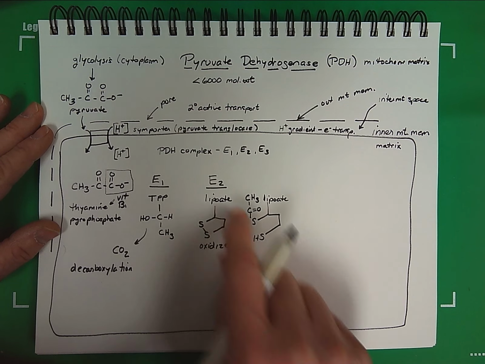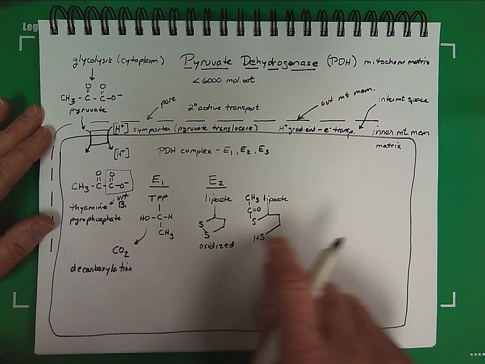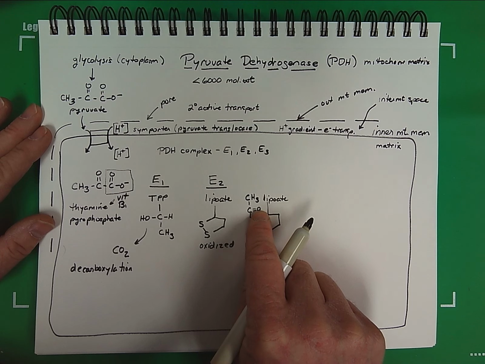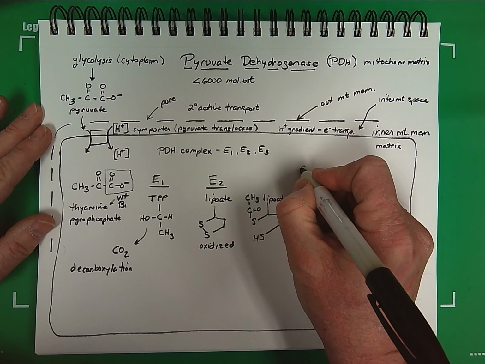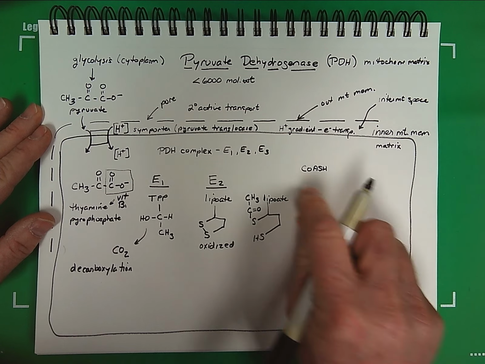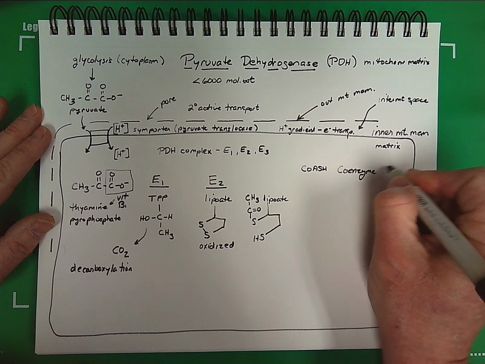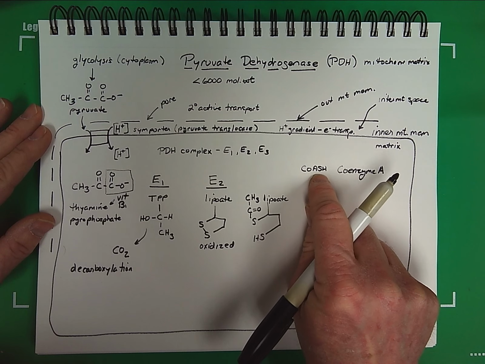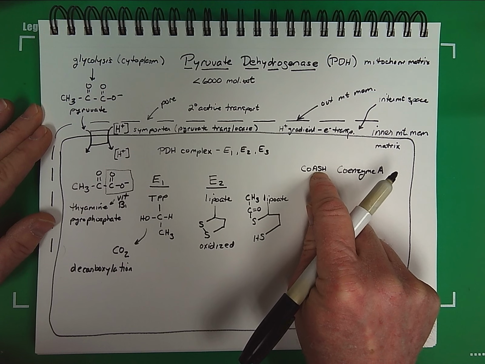Now the next step of this reaction that also occurs in the E2 subunit is displacement of this acetyl group with another cofactor. This particular cofactor now is called coenzyme A. The coenzyme A is written as such to show the important functional group in coenzyme A is a free sulfur group.